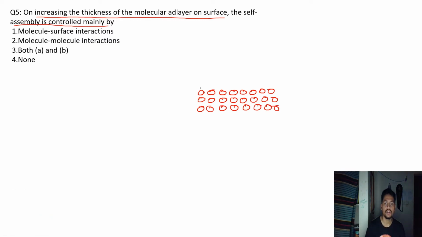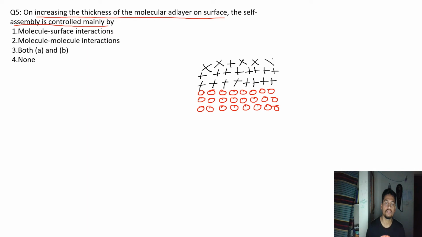Now molecules, let's say, are coming like that. So this is the surface, and then add molecules are coming.